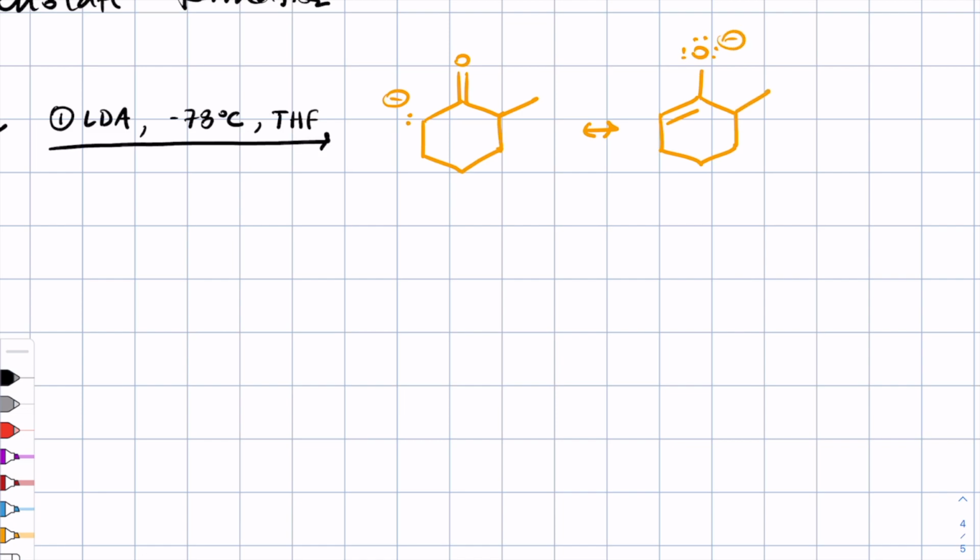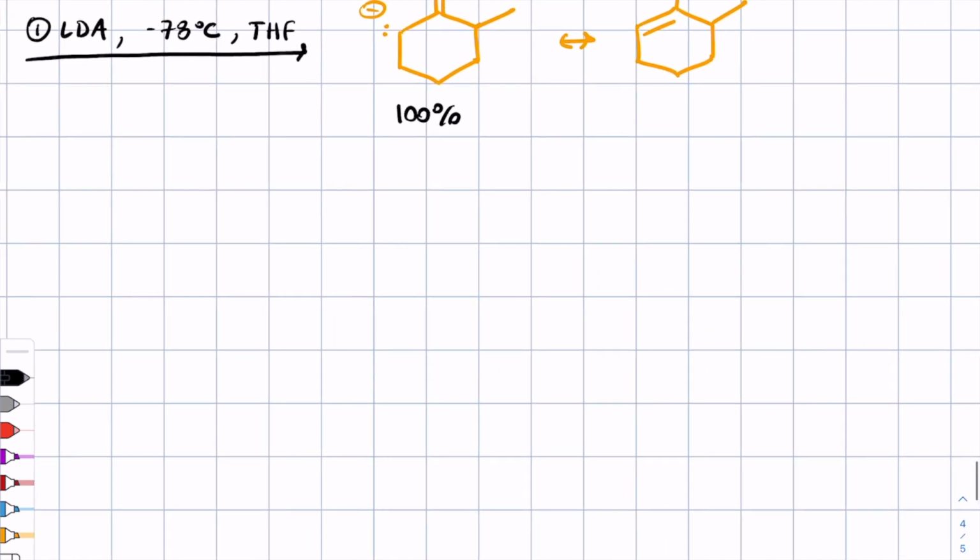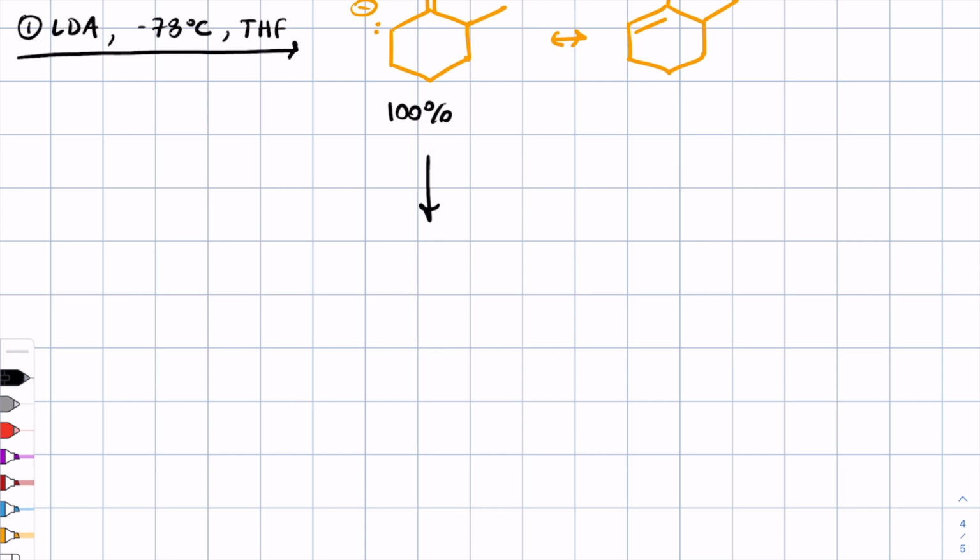Then, once I've quantitatively formed this enolate in 100% yield, and only then, I do the second step, which is to add my alkyl halide.